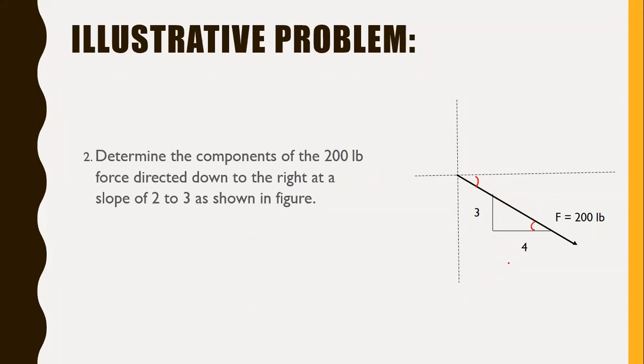What formula are we going to use to find your angle theta? We have tangent theta equal to opposite over the adjacent, where theta is equal to arctan of 3 over 4.